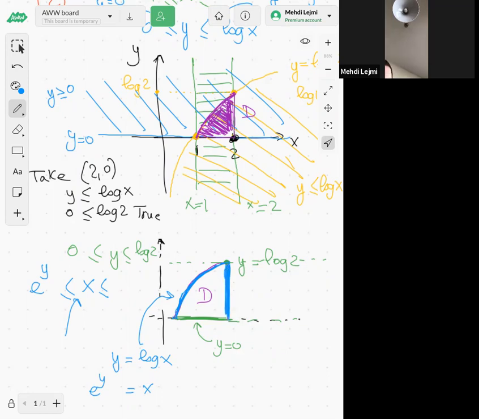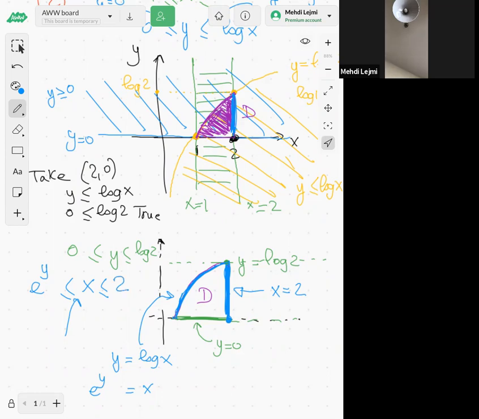Okay, so x has to be larger than e to the y and less than this graph here. What's the equation of this vertical line? Well, here's the point 2, right? This is x equal to 2, right? So your x is supposed to be between e to the y and 2.